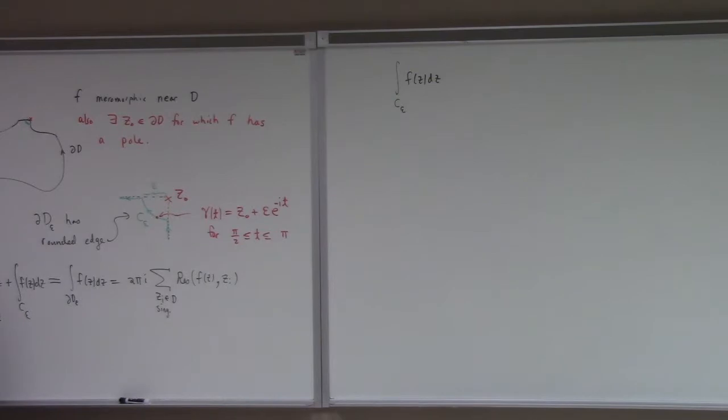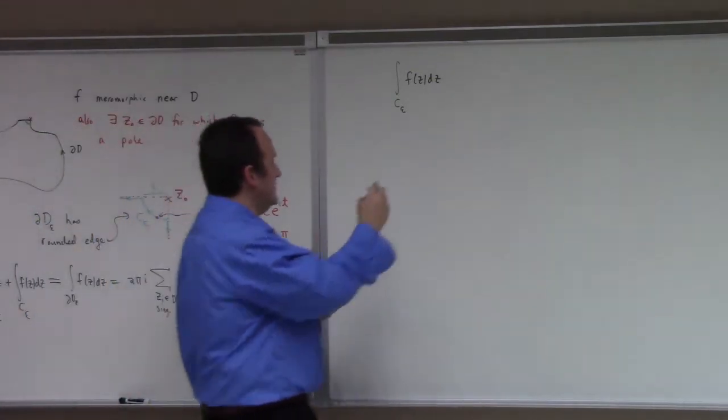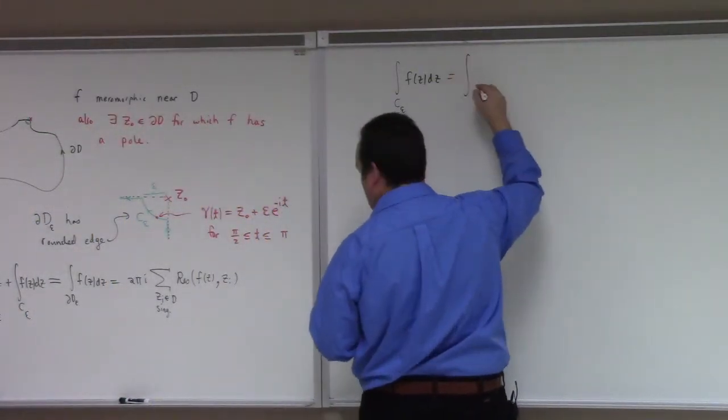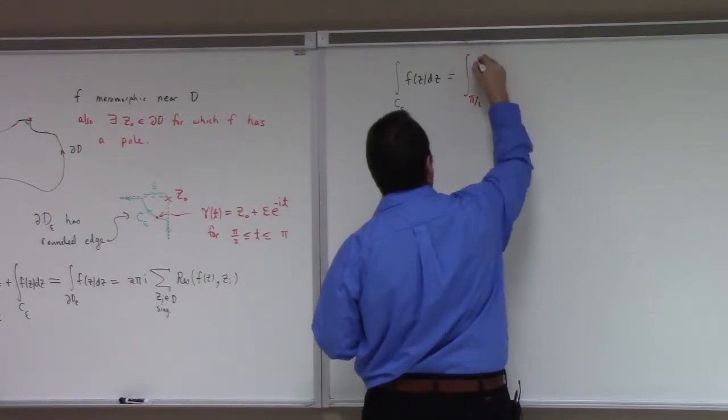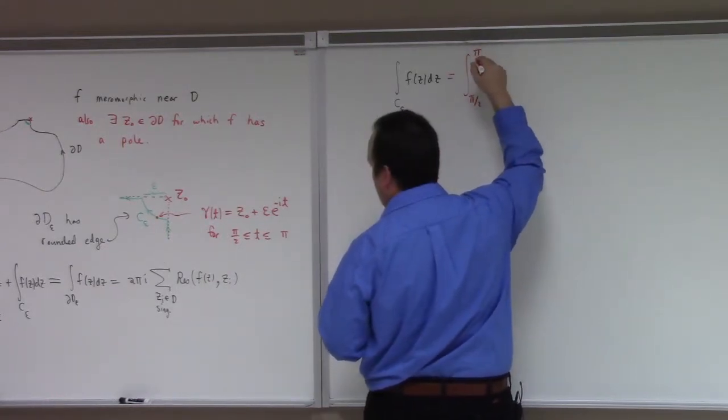Okay, right. So explicitly then, this is equal to the integral from pi over 2 to pi of what we got.